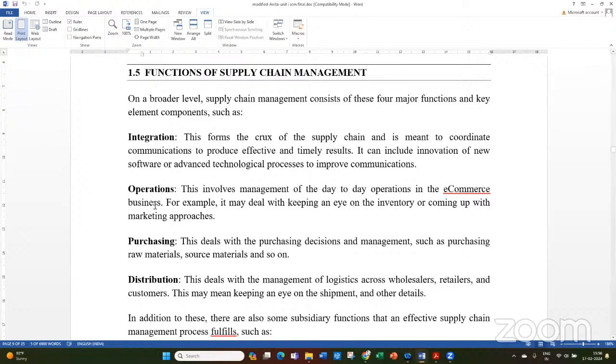Other functions of supply chain operations. How do you operate this?